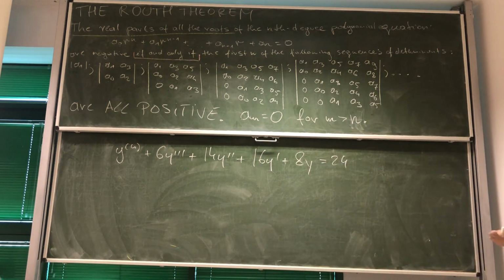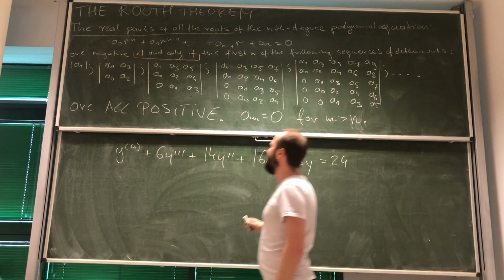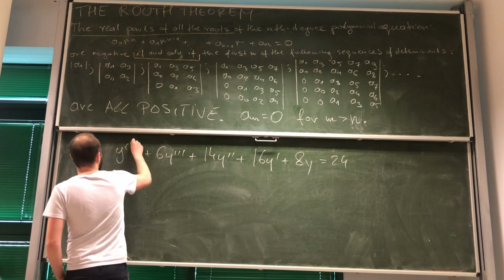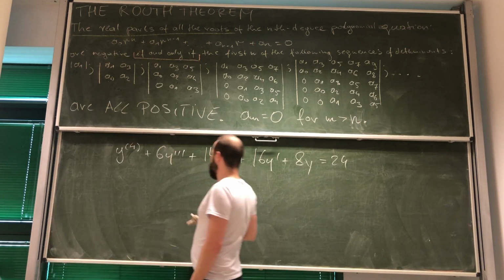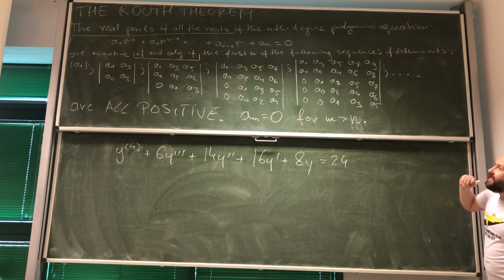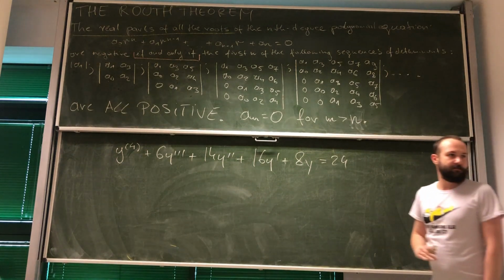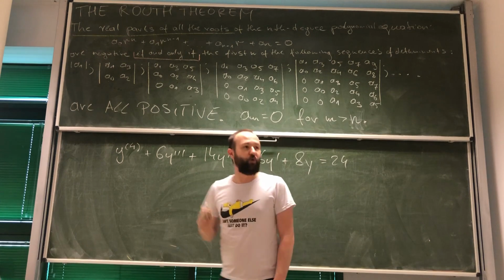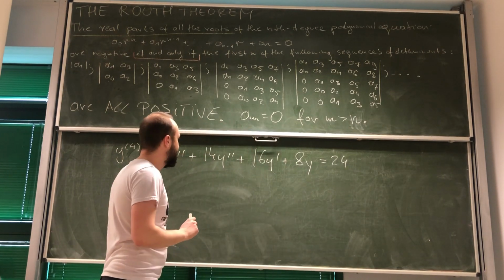Actually, this is the equation we already dealt with in the previous video. We know that it has all negative real parts of all of its roots. So we know we should have convergence.